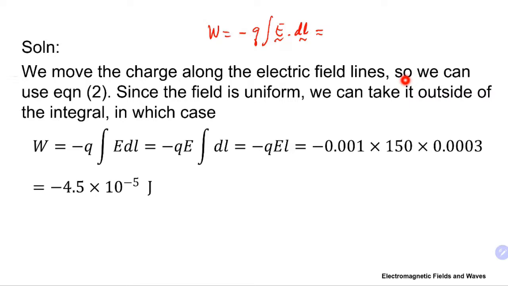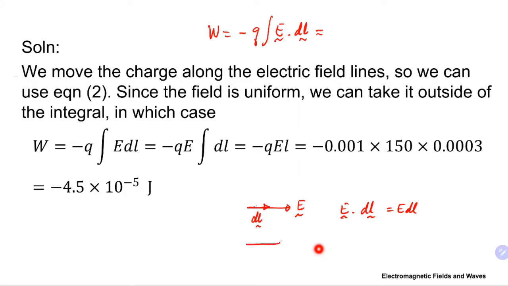This is my E field. We are also moving dl in the same direction, so E dot dl is simply equal to E times dl.